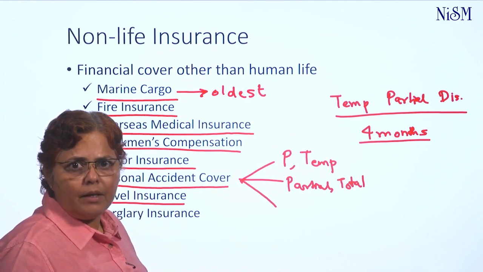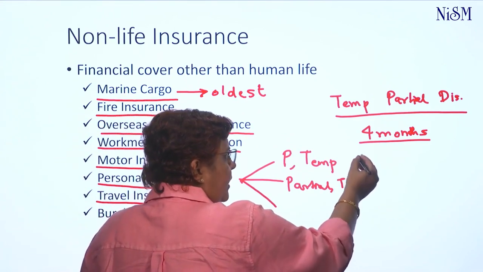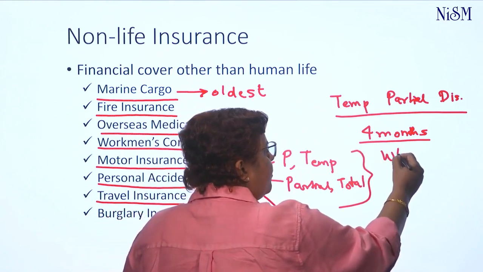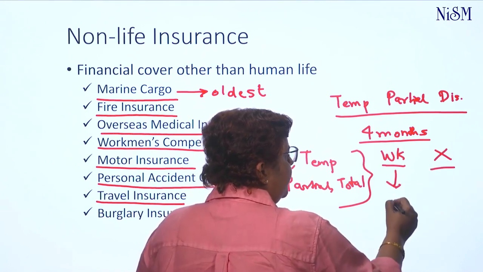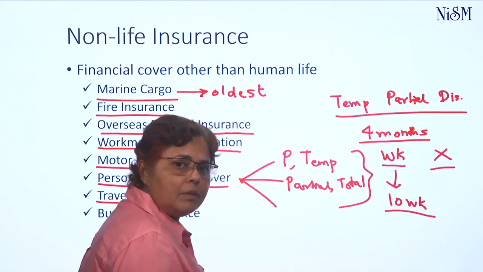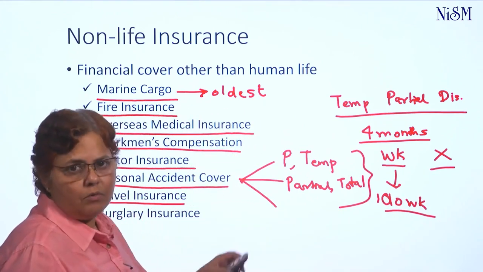Okay. In that case, the company may say that, since you have the accident cover, every week we will pay you X amount for the next, say, 100 weeks or 50 weeks, whatever is the case. So, this is how the personal accident cover works.